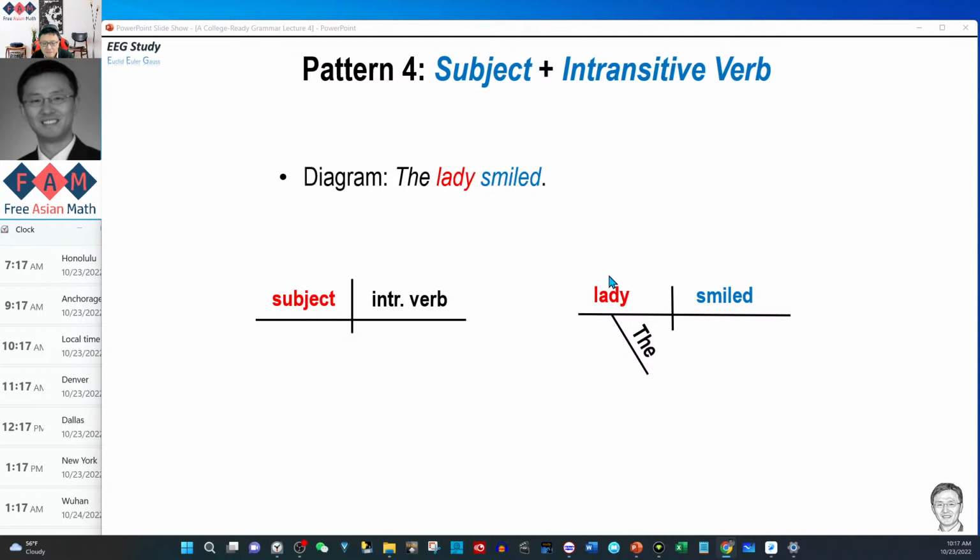So unlike the first or second pattern, we don't have a third slot above the main line because we don't even have any complement for the subject. So only two things, subject and verb. It's that simple.